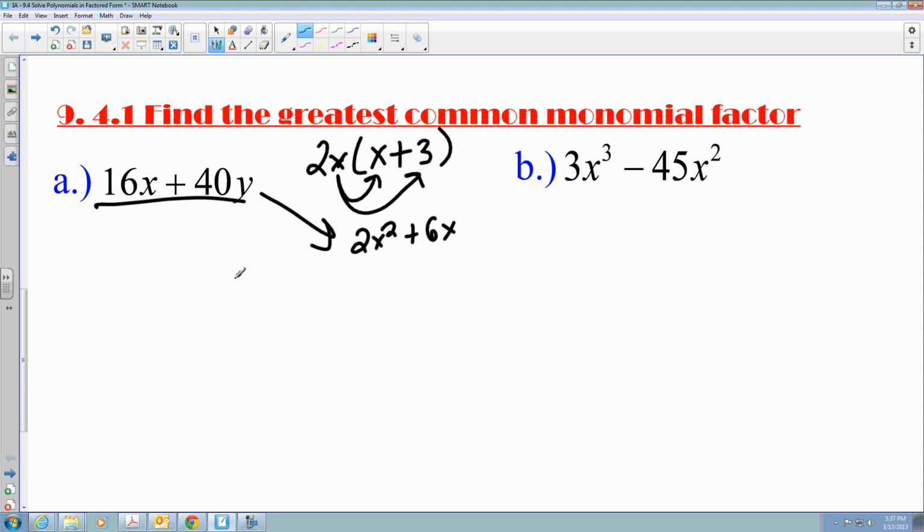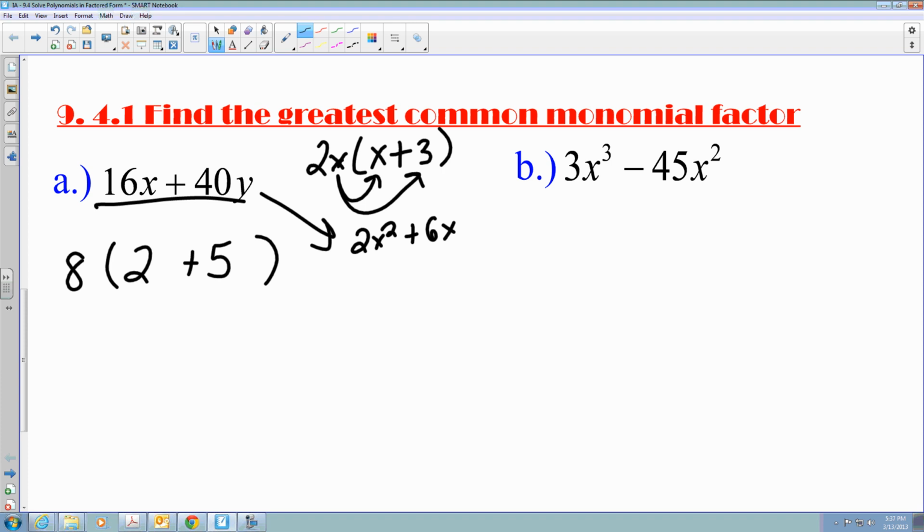That number would be 8. So I'm going to put an 8 on the outside, and then in parentheses would be 2 plus 5, okay? Because if I were to distribute, 8 times 2 is 16, and then 8 times 5 is 40.